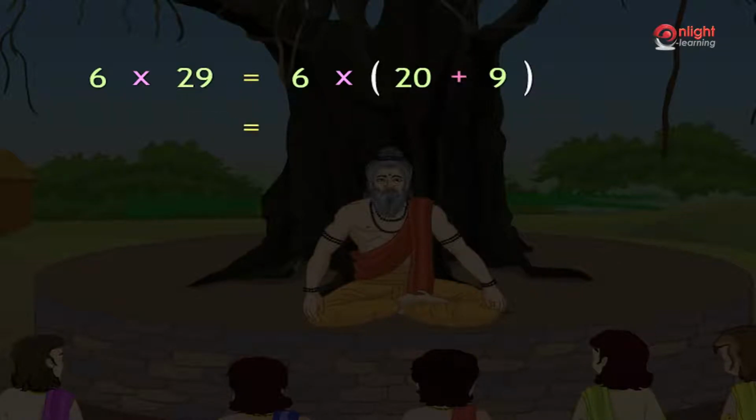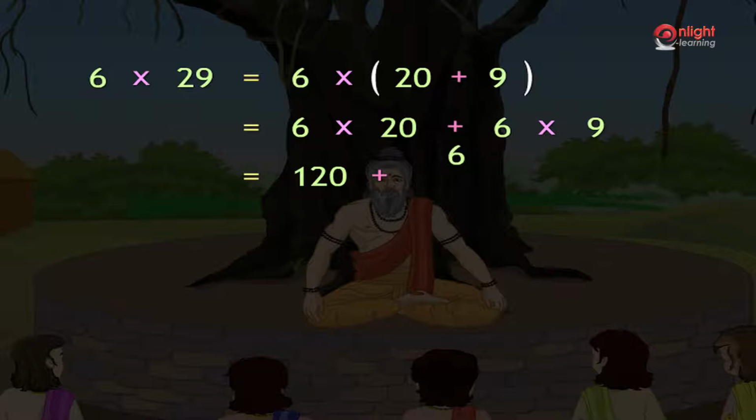Now we multiply 6 by 20 and 6 by 9. Multiplication of 6 with 20 is easy and the product is 120. But multiplication of 6 with 9 is a little difficult, as some of them have difficulty in the 9 multiplication table.